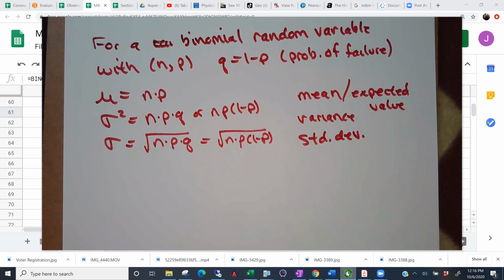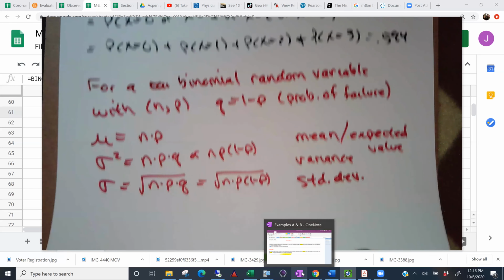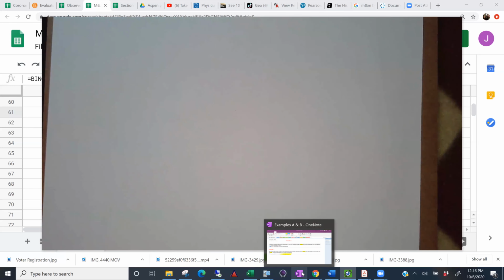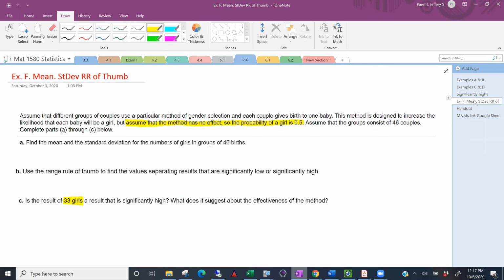Let's look at a couple examples that relate to this kind of stuff. And the first thing I want to look at is example F. So again, it's on your handout. And just because these are lettered in order doesn't mean I'm going to cover them in order. So let's jump up to example F. Says, assume that different groups of couples use a particular method of gender selection and each couple gives birth to one baby.